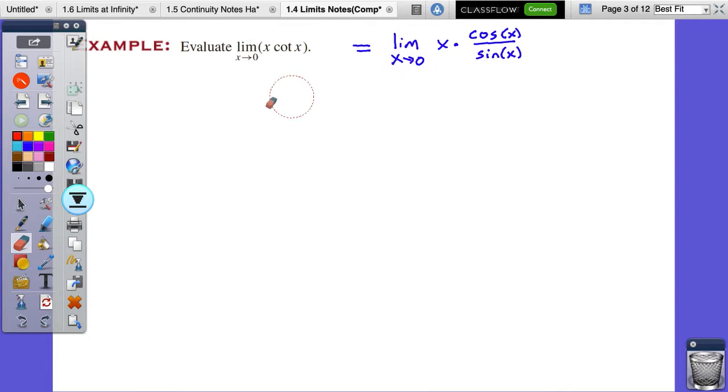So you could actually break this apart into x times, and cotangent is cosine over sine. In the lesson, remind me, I'll tell you the identities that you do need to know.